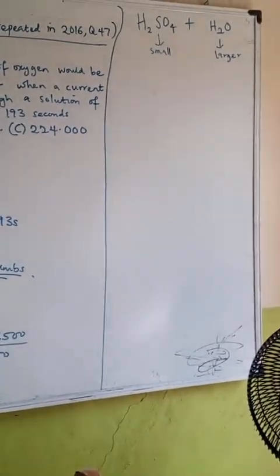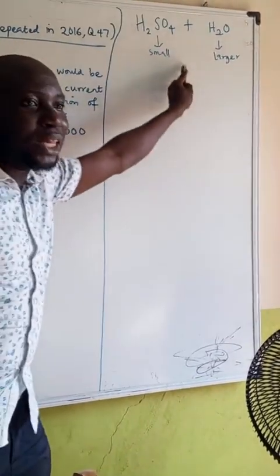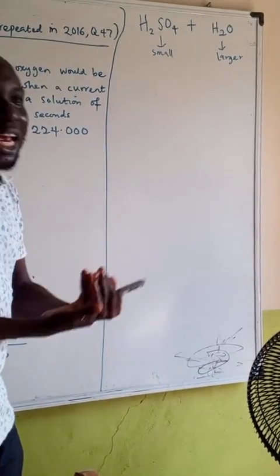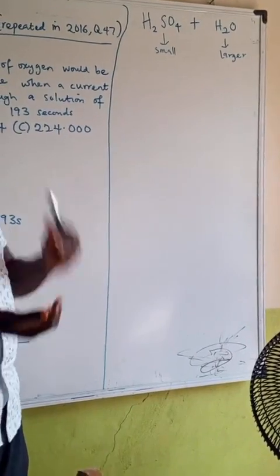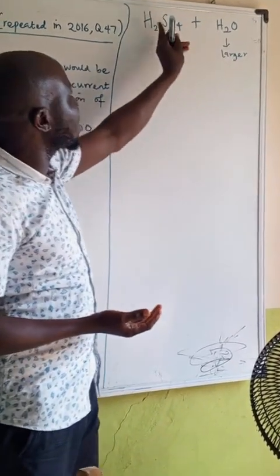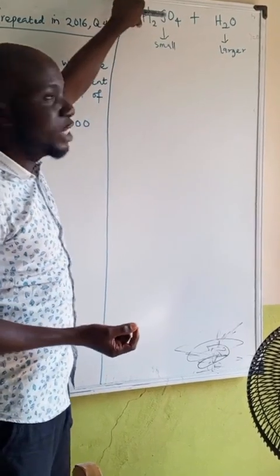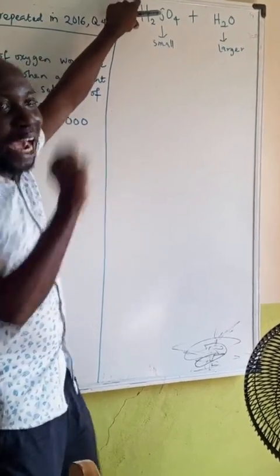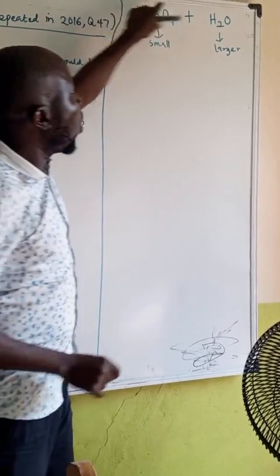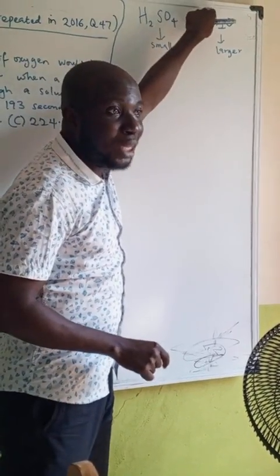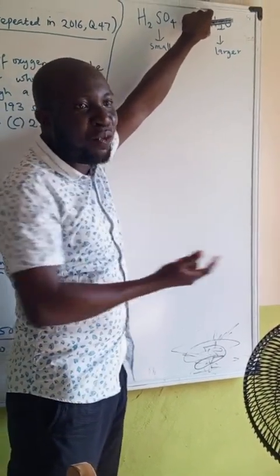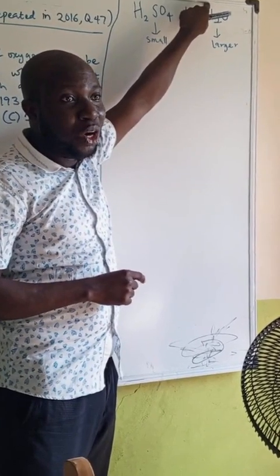Are you getting it now? Acidified water is also known as dilute acid. When a larger volume of water is added to a smaller quantity of acid, what we've done to the acid is that we've diluted the acid. What we have done to the water is that we have acidified the water. Have you got it now?